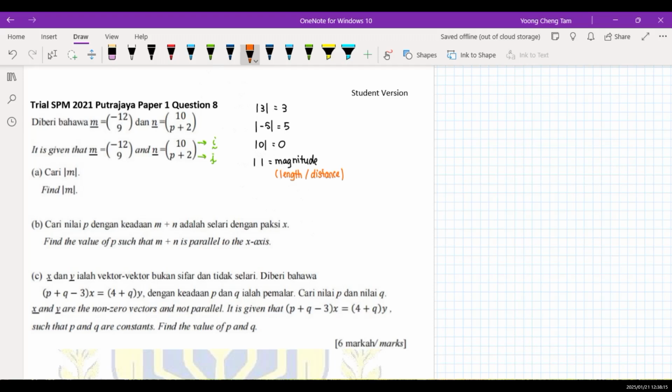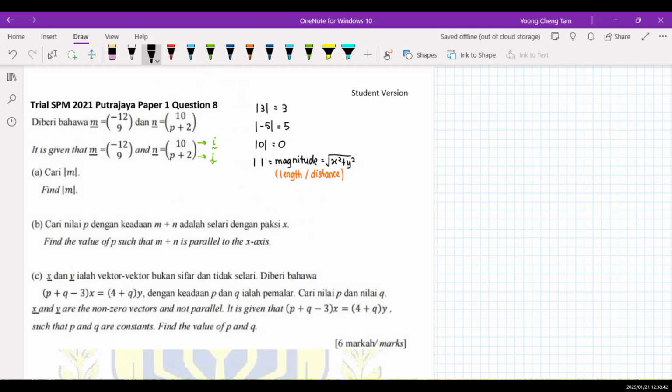If you know the meaning of magnitude is length, is distance, then you know the formula for length and distance. So remember, the formula for magnitude is square root of x squared plus y squared, just like the distance formula.